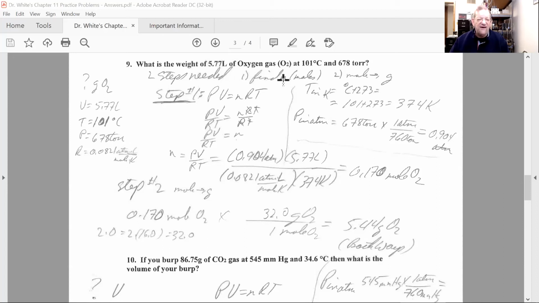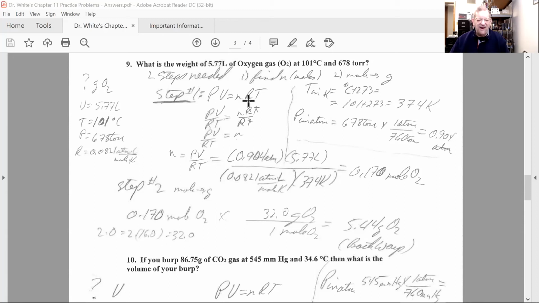But you need 2 steps. In order to find the grams, you first have to solve PV equal nRT for moles. Then go moles to grams, which you learned for test number 2. Hopefully you learned it before you took the test. So how do I solve for n? I want it alone on one side.